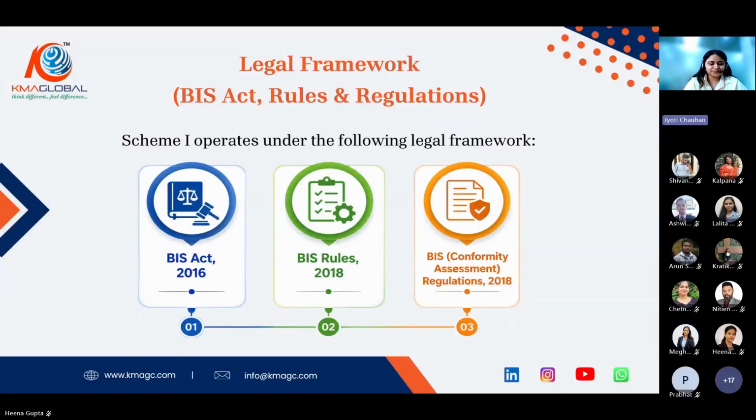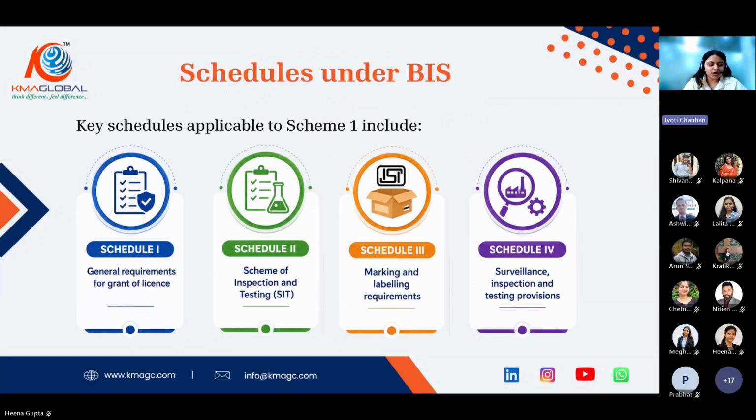Moving on, to ensure uniform implementation, Scheme 1 is supported by four important schedules under the BIS Conformity Assessment Regulation. The key schedules applicable to Scheme 1 include Schedule 1, general requirements for grant of license, which include eligibility and basic compliance requirements.